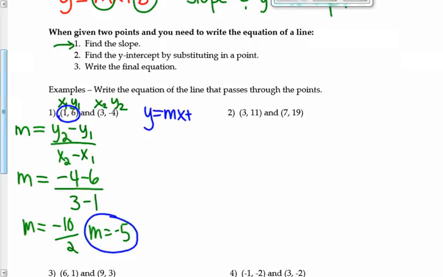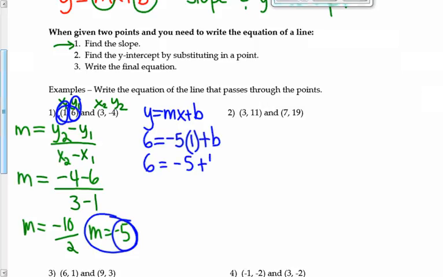So I'm going to write down y equals mx plus b, and I'm going to substitute in my y of 6, my m of negative 5, my x of 1, and again, we don't know the b, so we're going to write down plus b. So we get 6 equals negative 5 plus b.